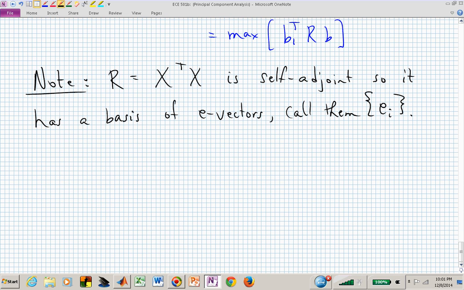Now, if R has a set of basis vectors e, let's decompose b1 in terms of those basis vectors.